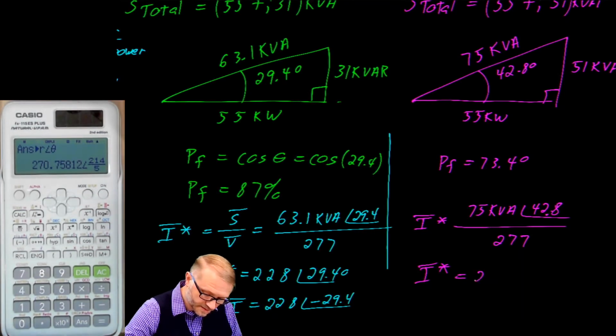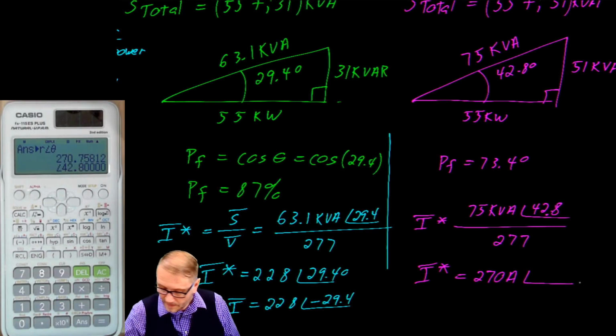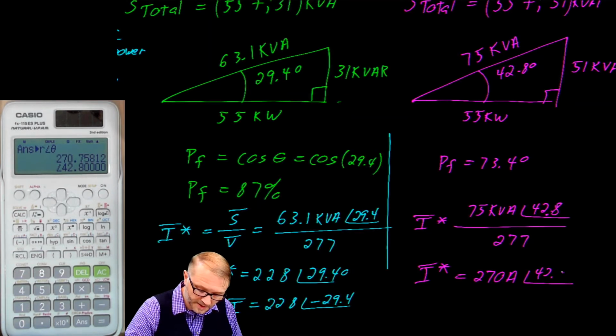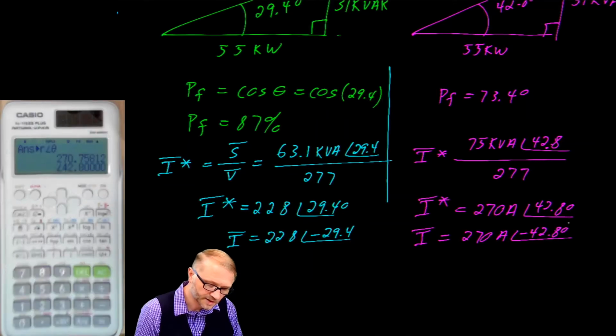That gives us 270 amps at a phase angle of 42.8 degrees. And then we need to get rid of that complex conjugate, so the current without the capacitor is 270 amps at a phase angle of negative 42.8 degrees.